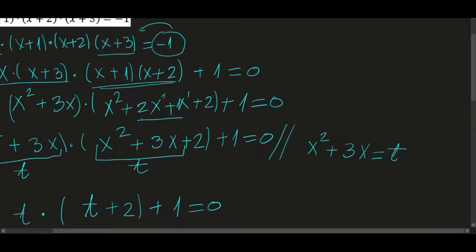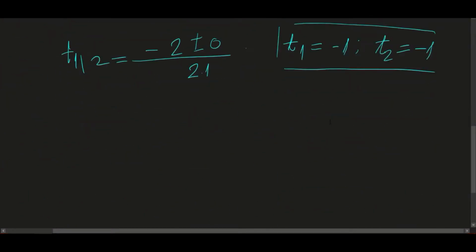We must substitute here: x² + 3x. We have x² + 3x equal to t.